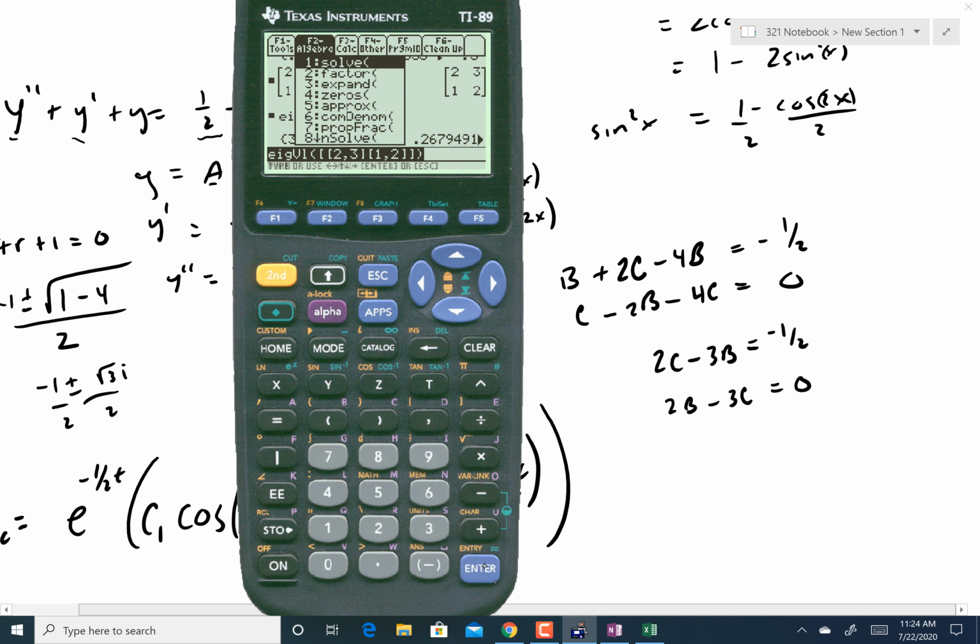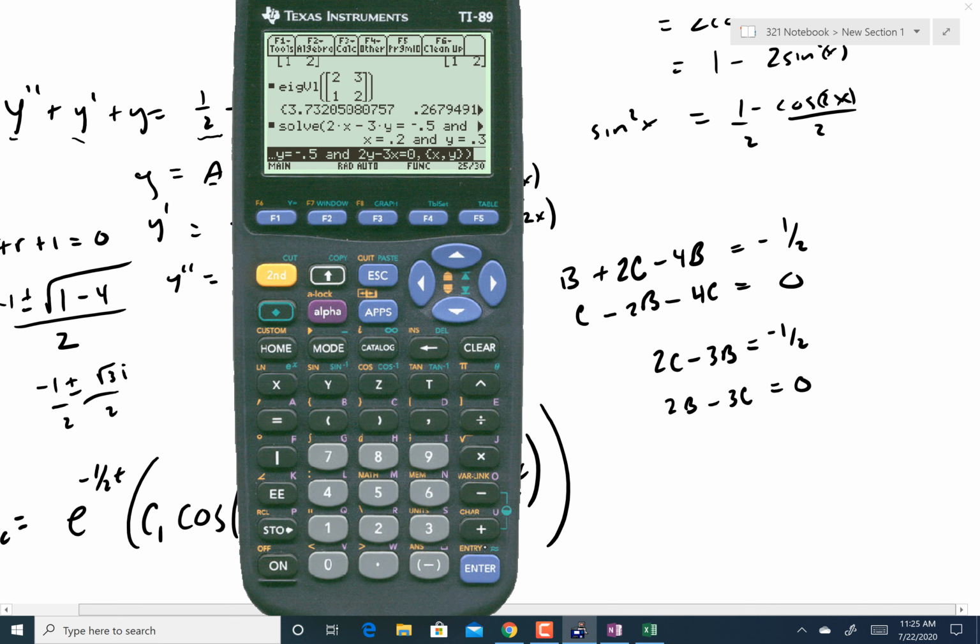So solve. I'm just going to go 2x minus 3y equals negative 0.5 and 2y. Oh, is that weird? I guess I do it backwards. Darn it. Minus 3x equals 0. 0.2 and 0.3. That makes sense.